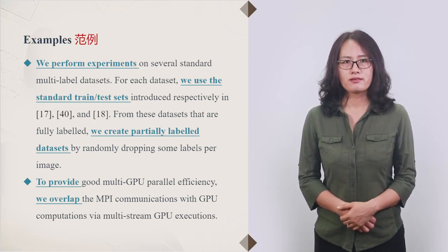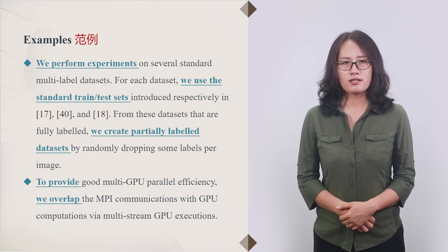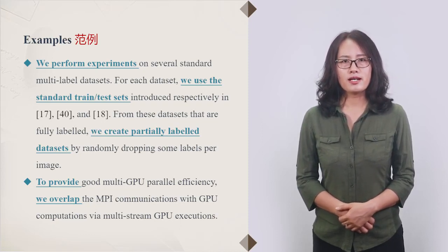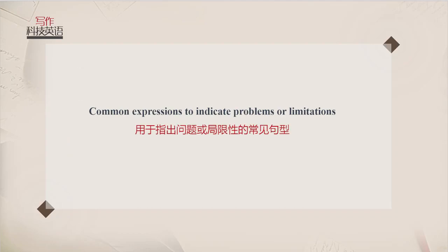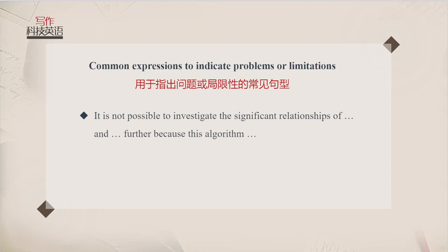GPU executions. 这里划线部分的意思是，为了提供什么什么，我们采用 overlap 这一操作。第三个例子，请大家自行研究，划线部分供参考。Common expressions to indicate problems or limitations. 用于指出问题或局限性的常见句型。It is not possible to investigate the significant relationships of A and B further because this algorithm does something.